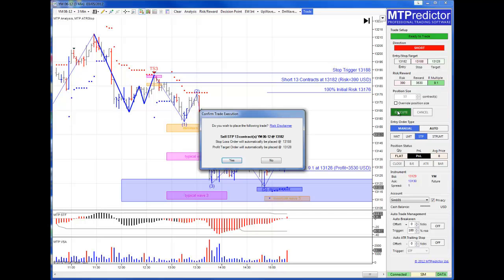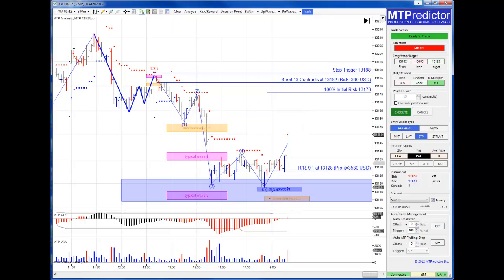At the time you'd have just clicked execute and then yes, and it would have placed your trade at the correct level with the correct number of contracts. But the beauty of this trade module is that as the trade was progressing down here, you could have said, actually at this point I now want to swap my trade management to the ATR stop. When this trade was live, these buttons would be enabled, so you could just click on ATR and it would manage the stop for you with our ATR stop coming down.